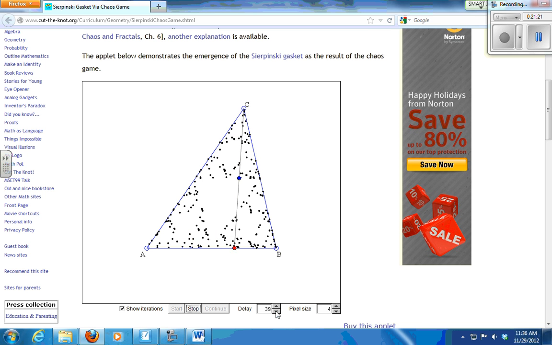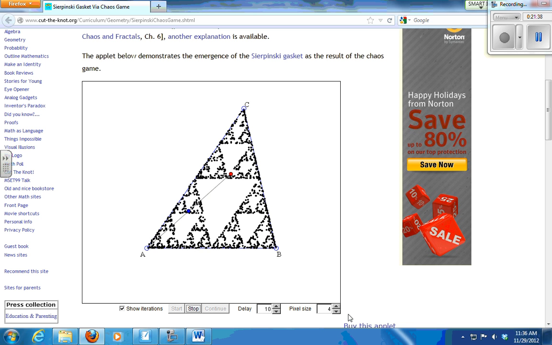You have to play the game for a while before you start to see the pattern. And it's filling in the Sierpinski gasket.